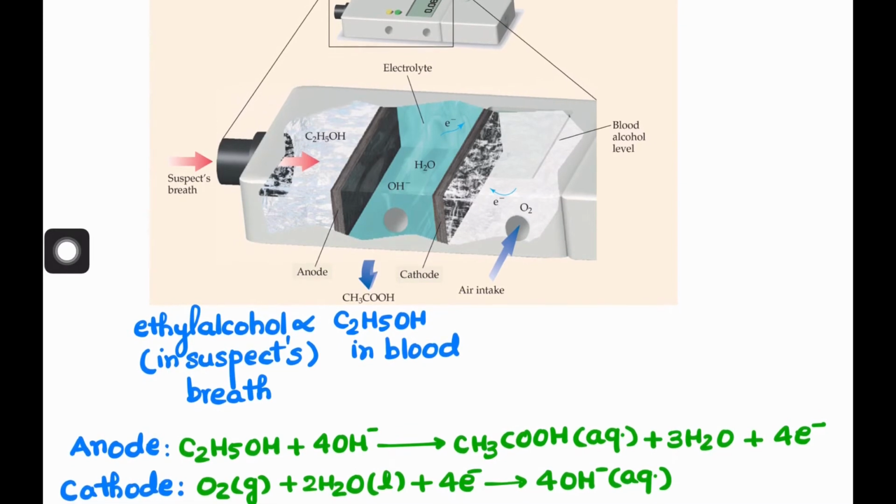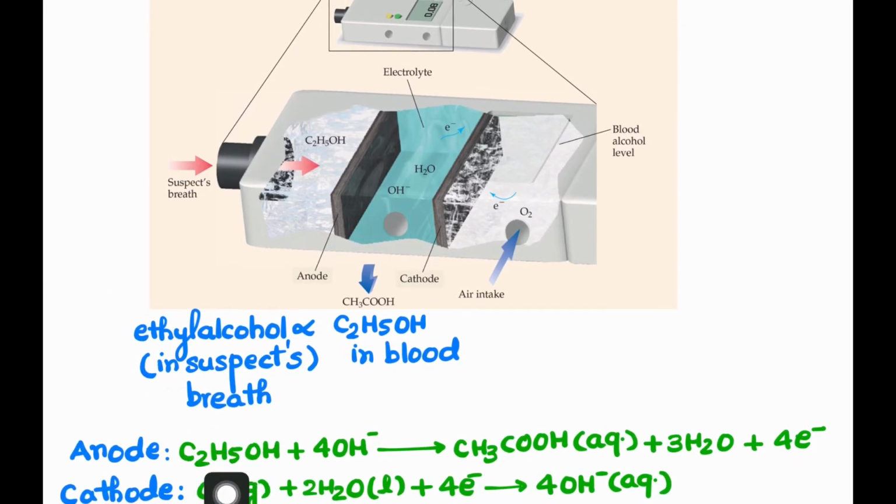The reaction at the cathode is the reduction of O2: O2 will get reduced by taking 4 electrons and will convert into hydroxide ion. So this is the reaction at the anode, and this is the reduction reaction at the cathode.